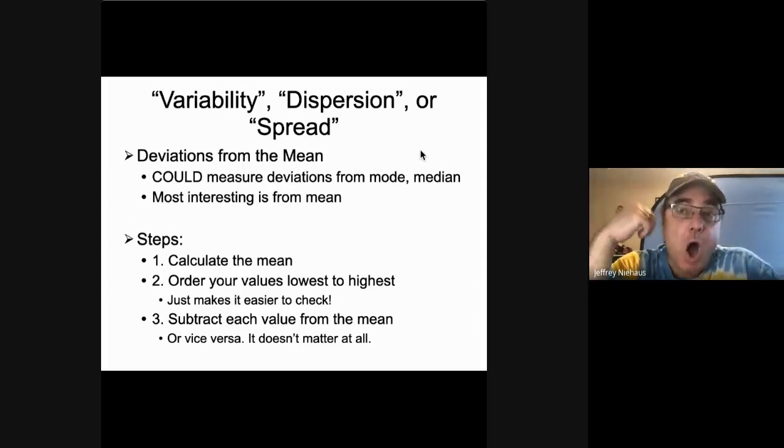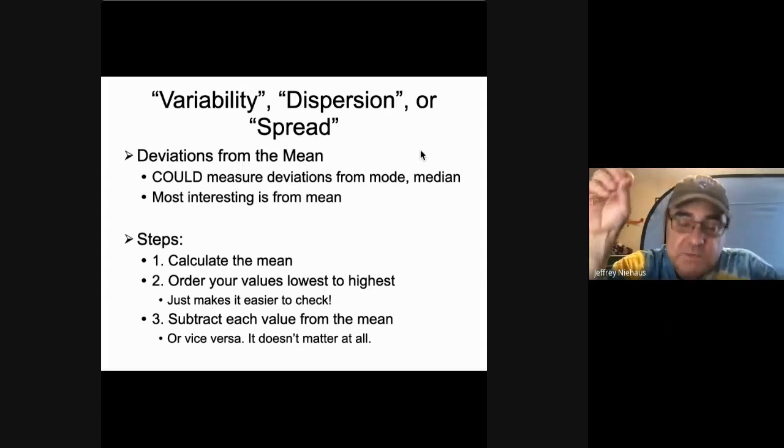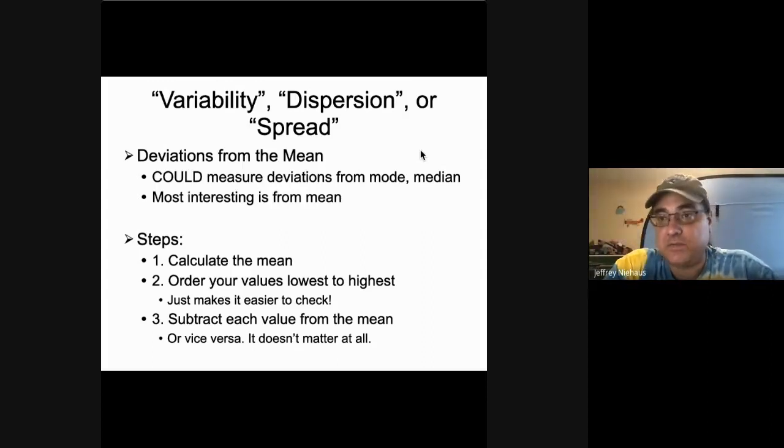This, by the way, automatically eliminates nominal and ordinal level measurements from the standard deviation. That's why we are almost always going to have something that is interval or ratio in our data set, because one of the first things we're going to want to do is get a mean and then get a standard deviation. All right? That's why we need interval or ratio data.